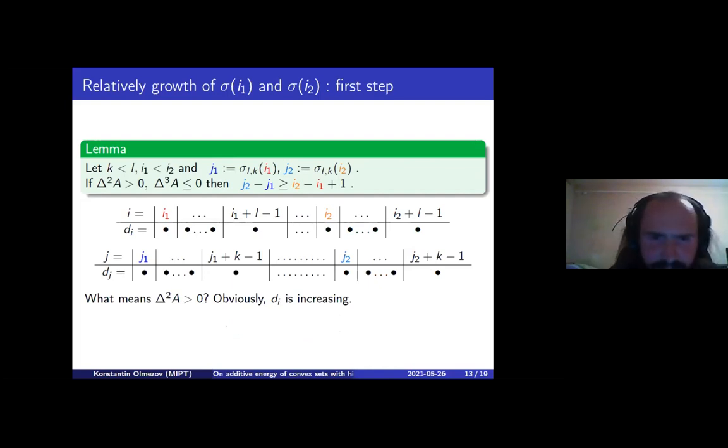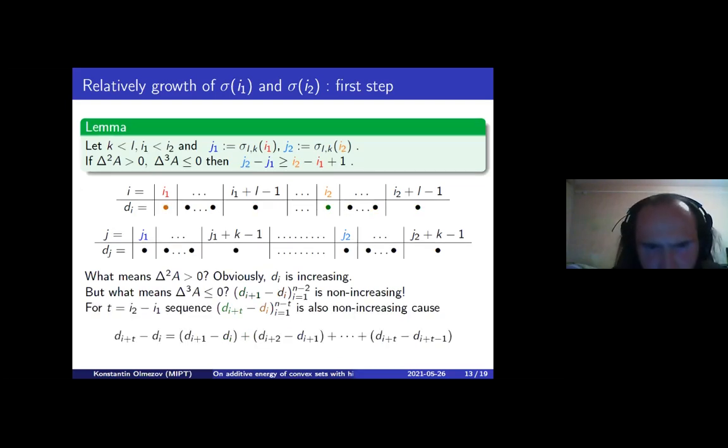To understand it, let's ask what our assumption about second derivatives means. It means that the differences di are increasing, and the assumption about third derivatives means that the difference between consecutive di is non-increasing.